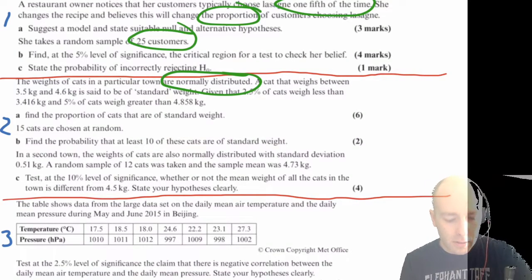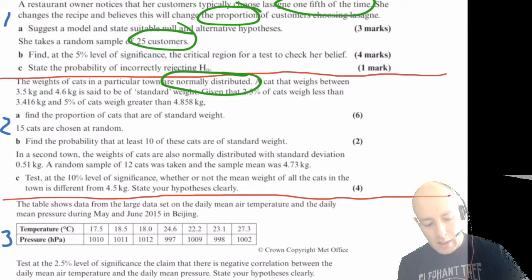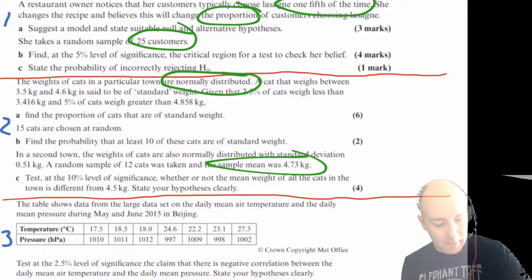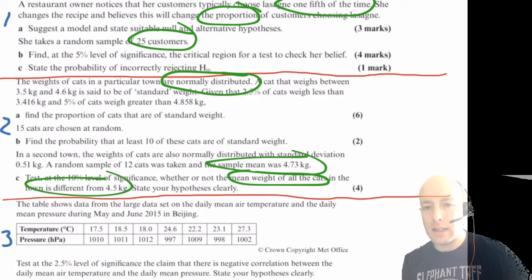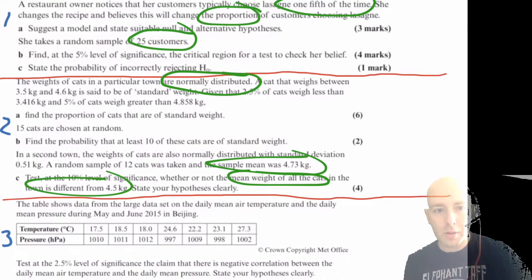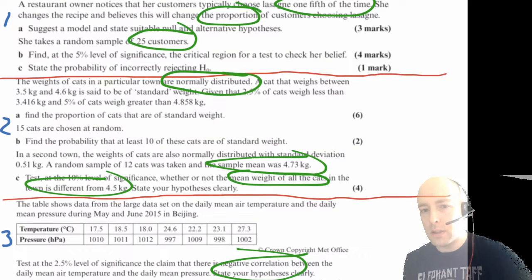If we read on, we've got sample mean, and then the mean weight is different. So again, it's clear that it's a normal distribution question. And the last one, we are testing the correlation, so it's clear that it's one of the correlation coefficient hypothesis test questions.